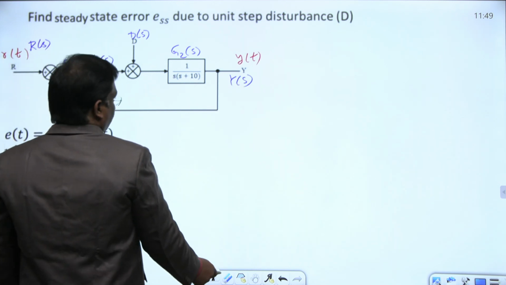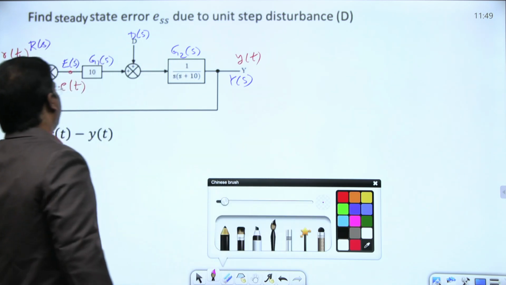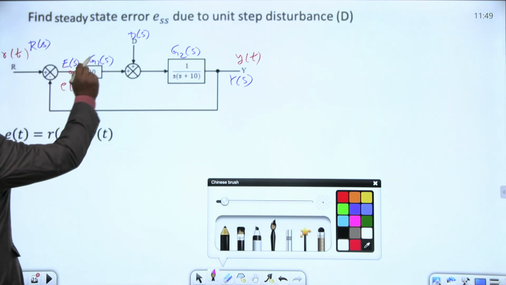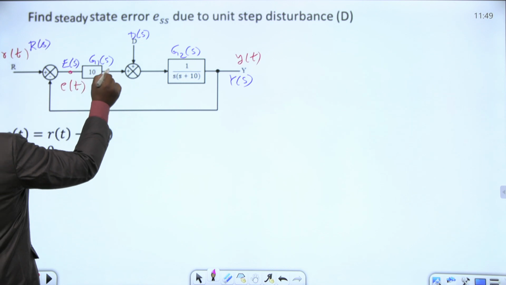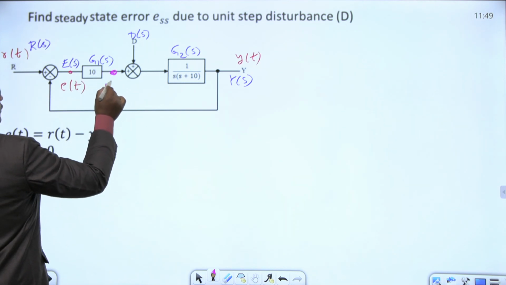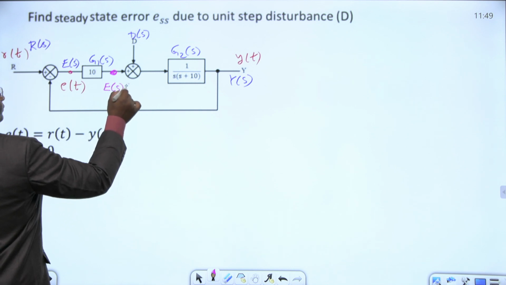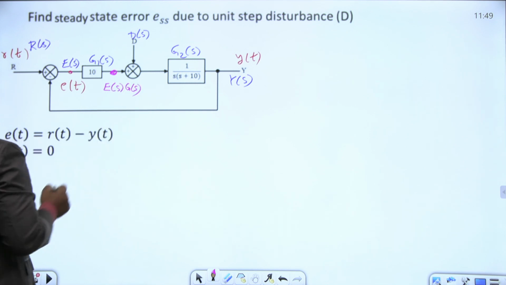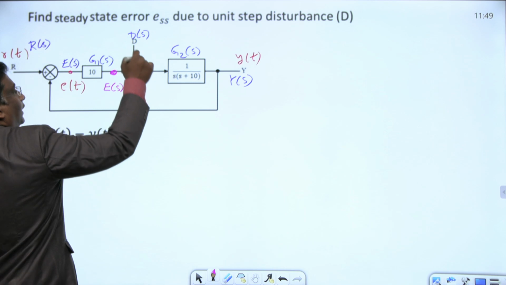Right now, tell me, this is E of S. E of S into G1 of S, here I am getting multiplication, E of S into G1 of S. And this D of S getting added up.